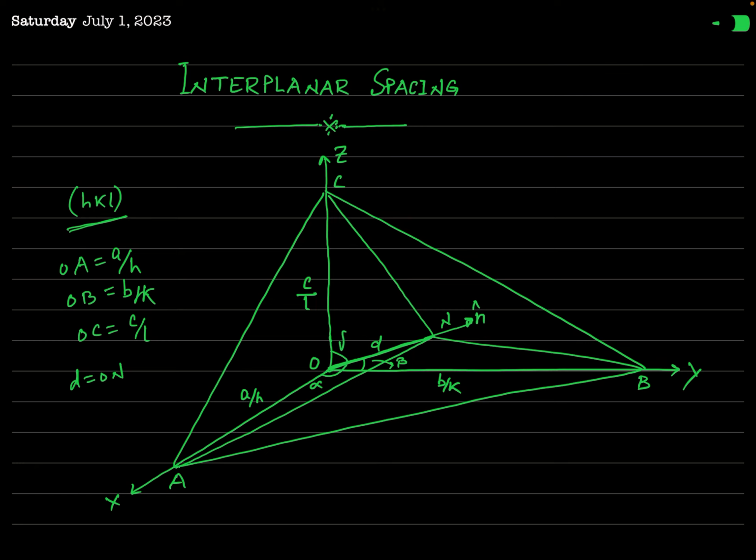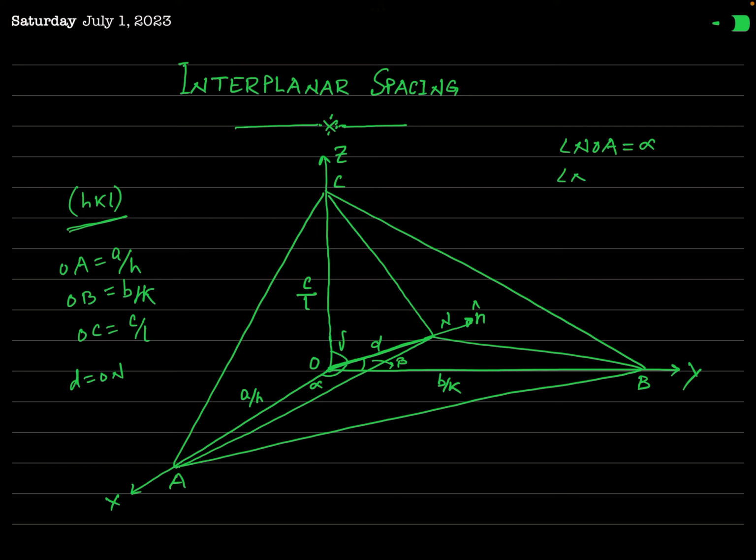We assume that the angle between ON and the first crystallographic axis OX, that is angle NOA, is equal to alpha.